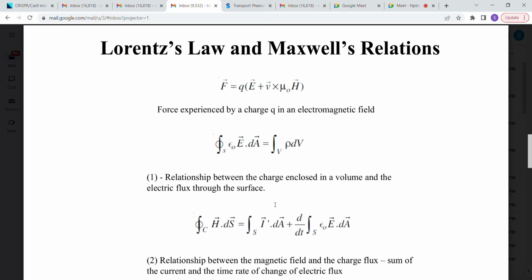There are two things here. One is Gauss's law, and the second one is Stokes' law, or Navier's law, I forget, but one of these. That gives you a means to convert a surface integral into a volume integral, and a contour integral into a surface integral.